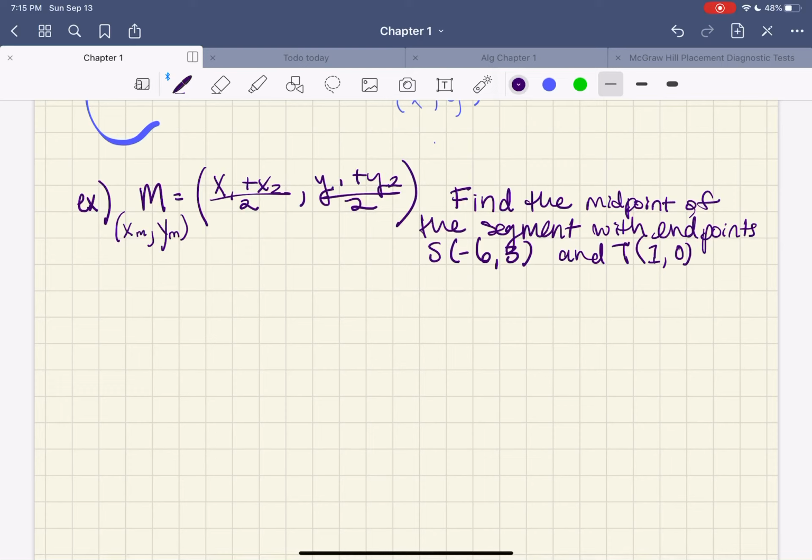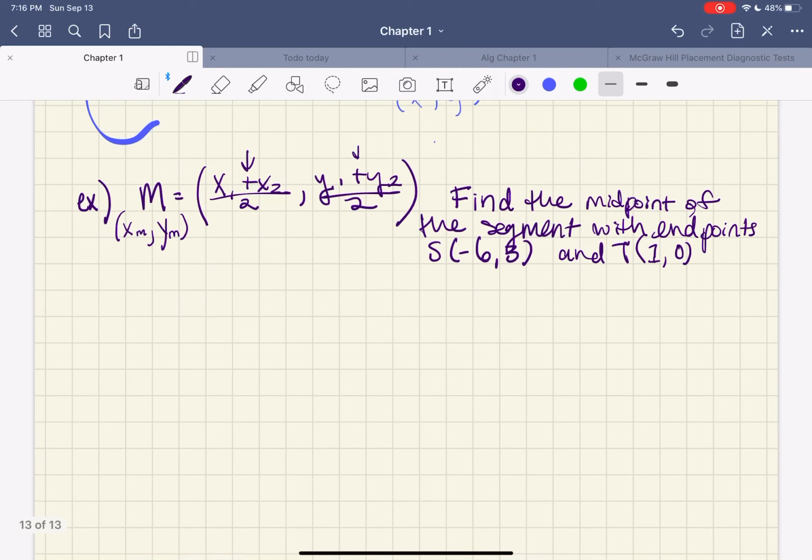Once again, we're going to decide which one is point 1 and point 2. It doesn't matter as long as you keep them consistent, but even that in this doesn't particularly matter because you have addition on both of them.